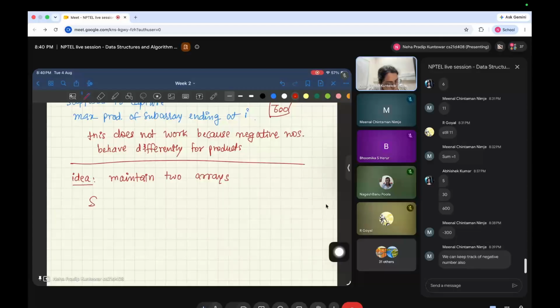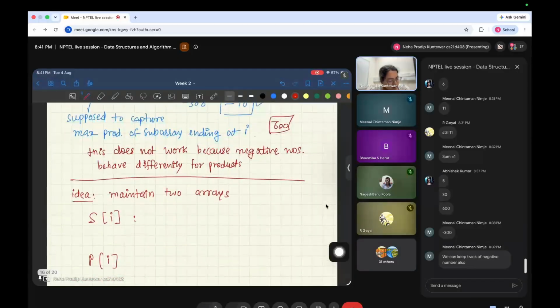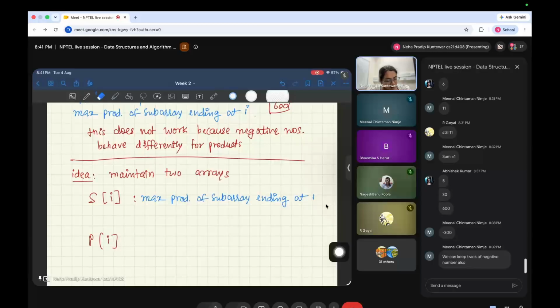So now the idea is to maintain two arrays. Let's say S1 is my first array and S2 is my second array. So S1 of I denotes the same thing, so let me just call it S only, and let me call the new array P. S of I still denotes the same thing: the maximum product of a subarray that ends at I, maximum positive product, of course.